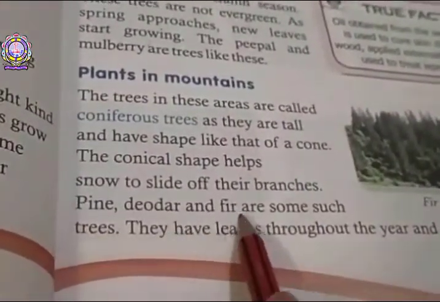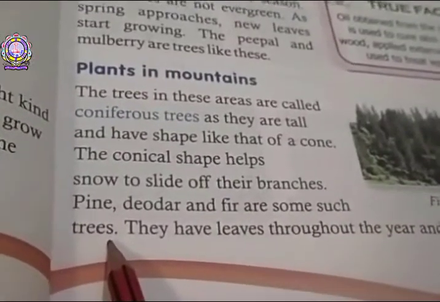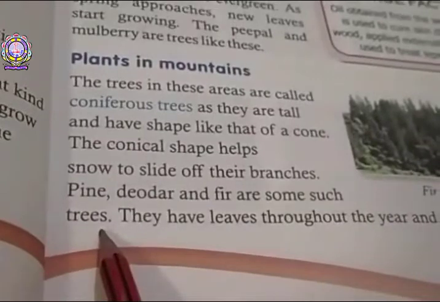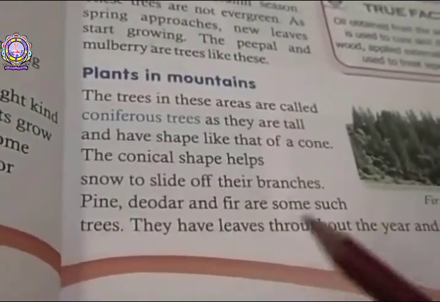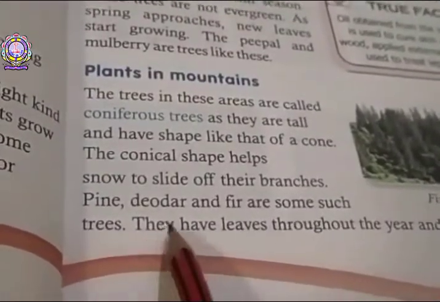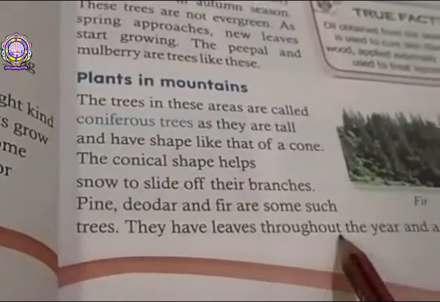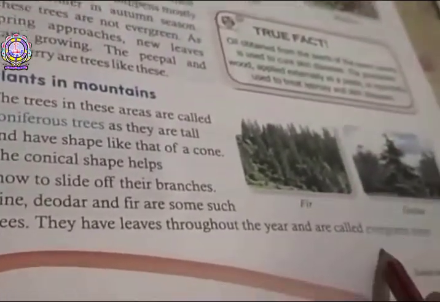Pine, deodar and fir are some such trees. Coniferous trees have leaves like a cone, which helps the snow to fall down. They have leaves throughout the year and are called evergreen.